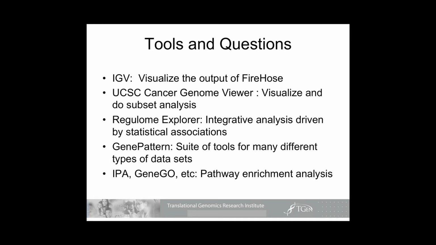GenePattern is the same way. Bring a local copy of that. So IGV is a great way to visualize the output of Firehose. You can then go explore the data behind that through the portal that you were introduced to yesterday.